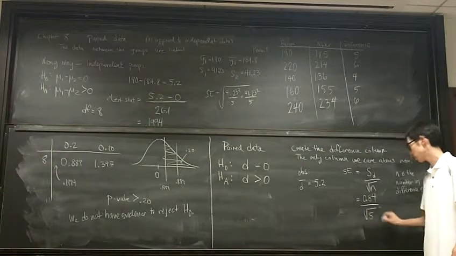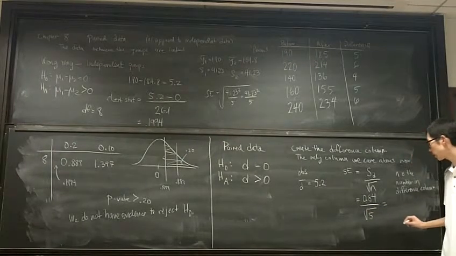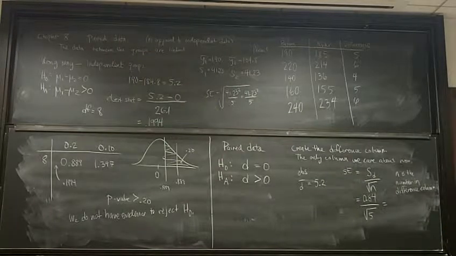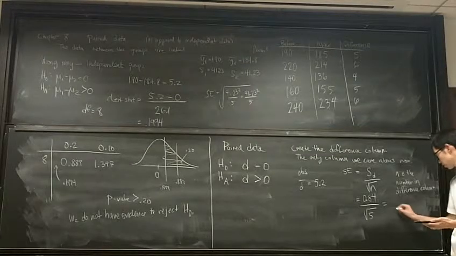And we're going to divide by the square root of 5. So my standard error is really tiny now: 0.376.